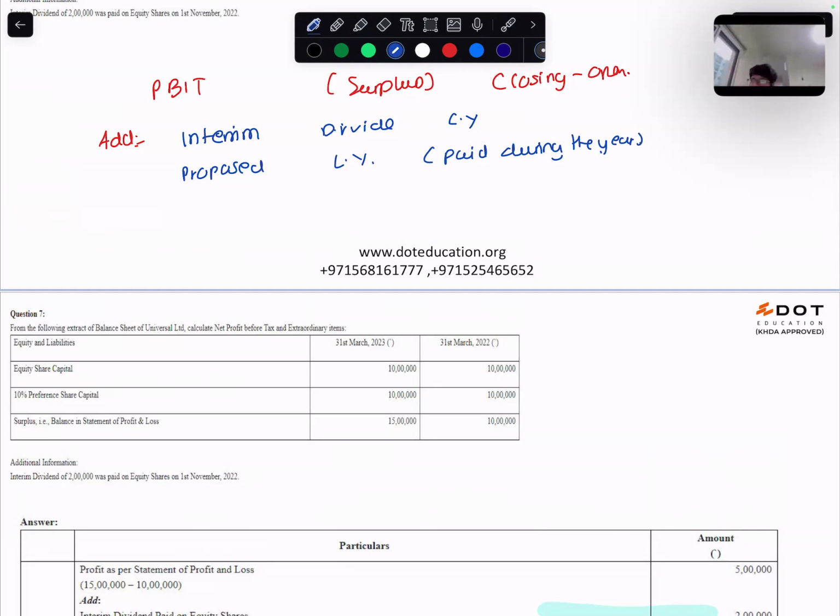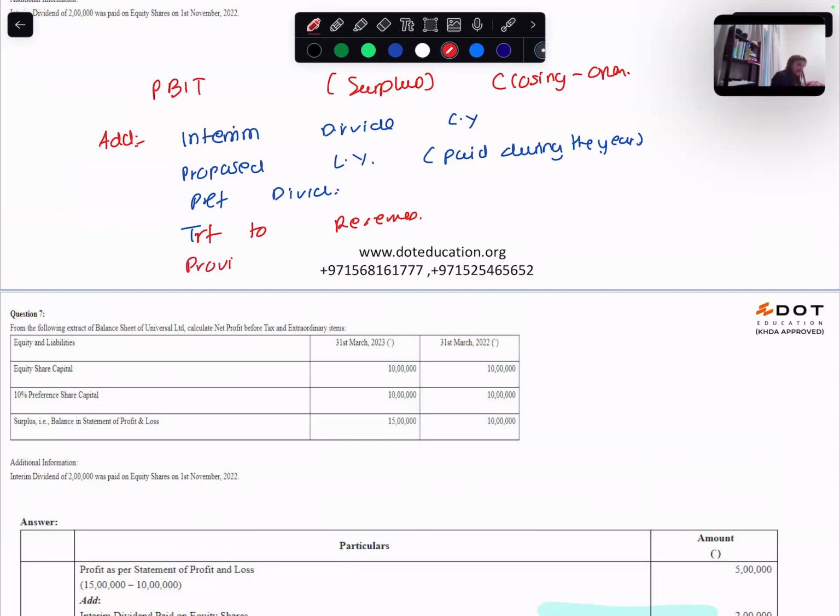And then after that, preference dividend. Then what do you add? Any transfer to reserves that is there is added.